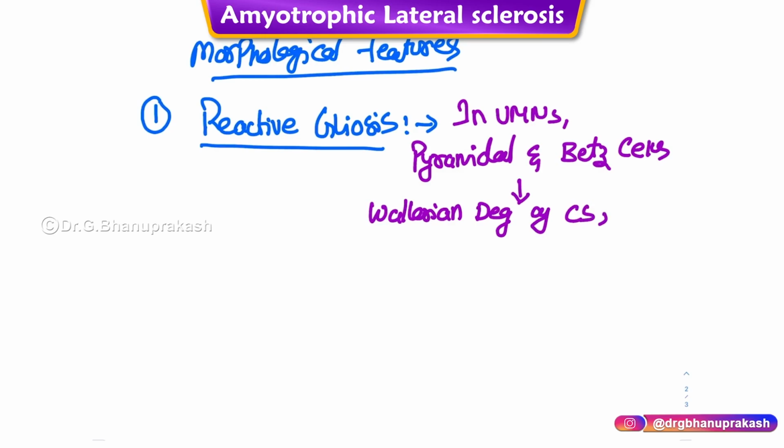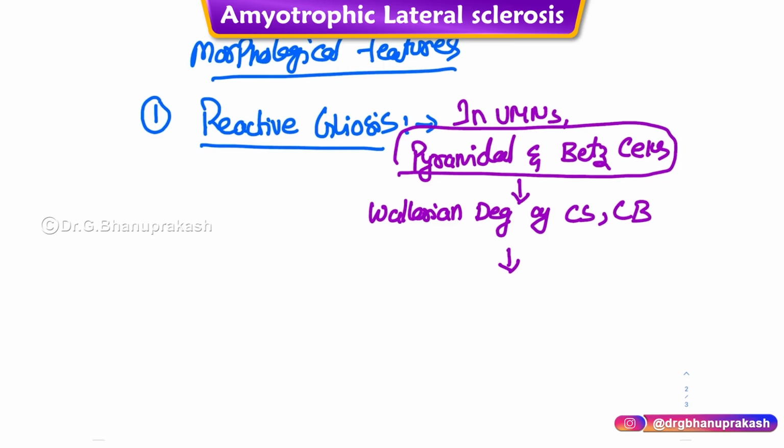Corticospinal and corticobulbar tracts. There will be Wallerian degeneration of the corticospinal and corticobulbar tracts. Now, whenever there is a loss of neurons, I told you that pyramidal and Betz cells are lost, and there will be Wallerian degeneration of the corticospinal and corticobulbar tracts.